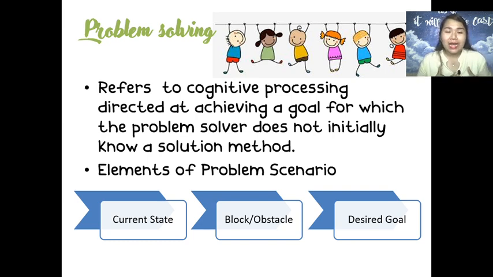So, tayo, as future teachers, kailangan that we are able to equip, we are able to help our students develop their problem-solving skills so that hindi lang puros concepts yung natututunan nila sa classroom, but rather, we are already preparing them cognitively doon sa real-life scenario, real-life situation na pwedeng mangyari sa kanilang buhay.